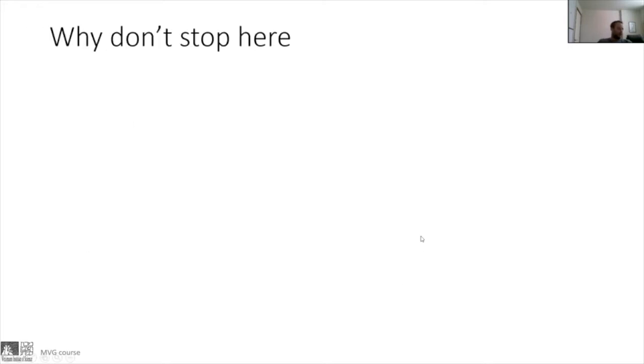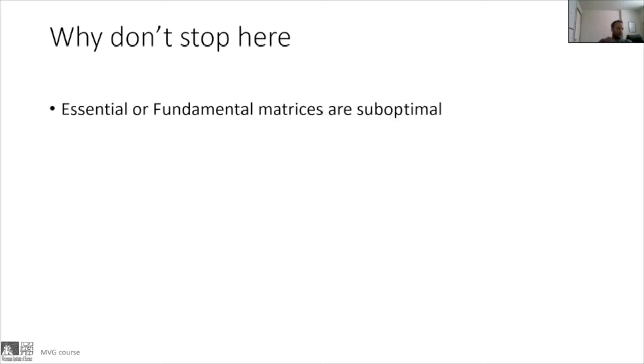So the question is, why shouldn't we stop here? You've seen that we can do a full reconstruction given only the correspondences. We can get the motion parameters, which are the camera matrices, and we can get the structure. So why don't we stop here? The truth is that essential or fundamental matrices are suboptimal, which means that they don't always give the best solution.